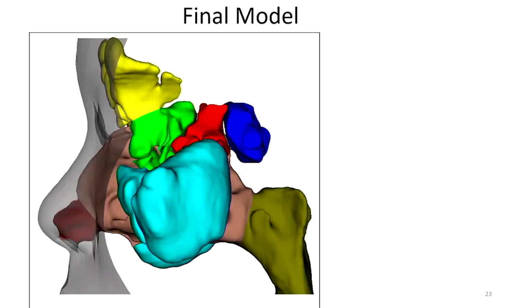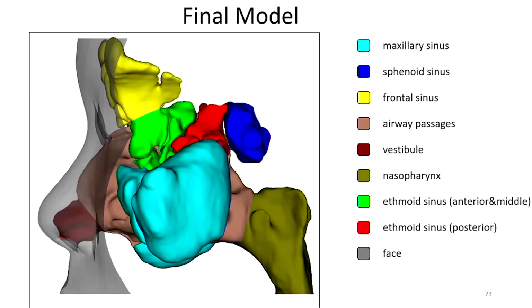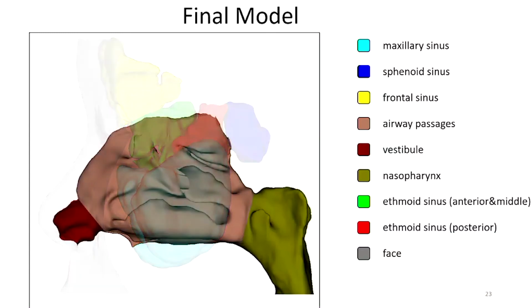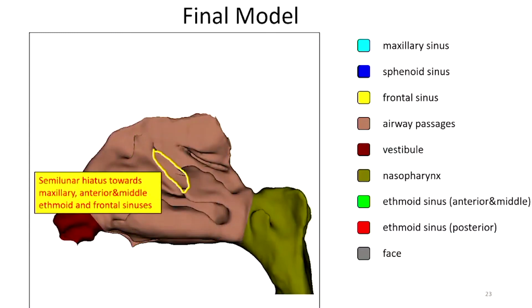So this is my final model. I separated it into different pieces, different regions. And if I take all the sinuses out, you will find this is the semilunar hiatus towards the maxillary sinuses, anterior and middle ethmoid sinuses, and frontal sinuses.